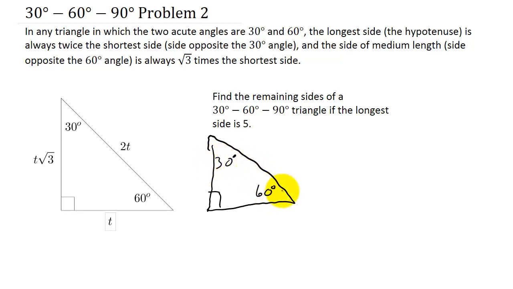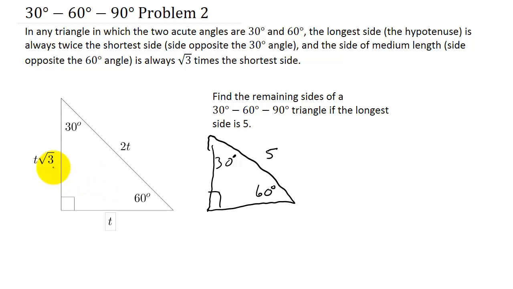And here's the 60 degree angle. The longest side is opposite the 90 degree angle, so that tells us this is 5. Now we need to find the shortest side and the side of medium length, the side opposite the 30 degree angle and the side opposite the 60 degree angle.